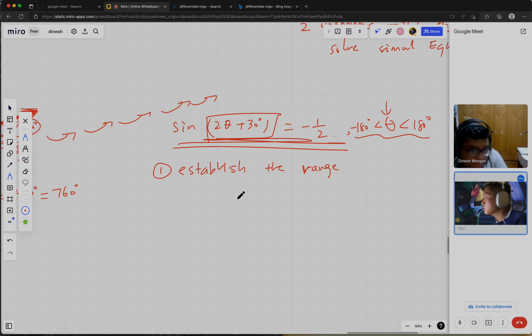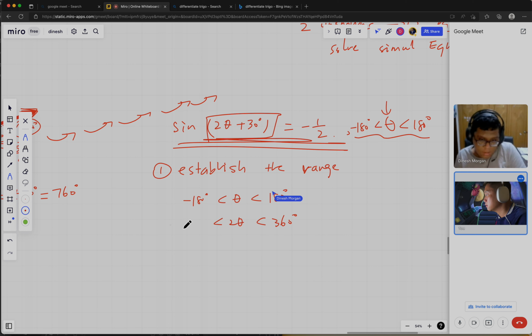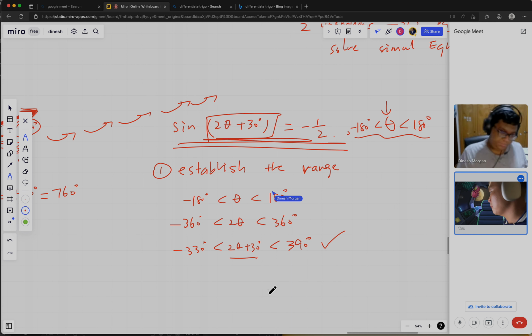So theta is for this range. 2 theta is 360 to negative 360, so 2 theta plus 30 will be 390, and this will be minus 330. So basically the range is this for the 2 theta plus 30. Does it make sense now?